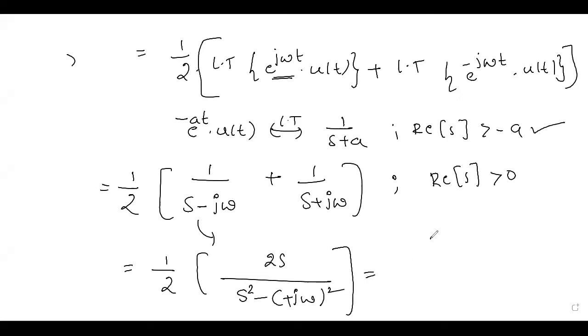Then the Laplace transform is s by s square plus omega square, where ROC is real part of s greater than 0. This is the corresponding Laplace transform for the cos omega t function. Important. J square value is minus 1 here. Minus into minus will change to plus.